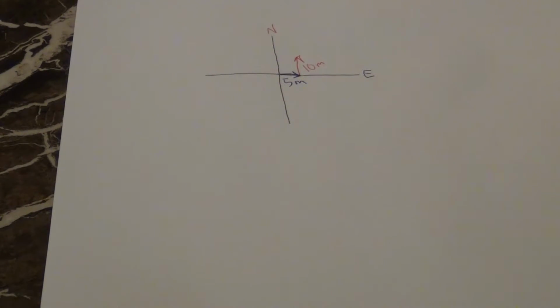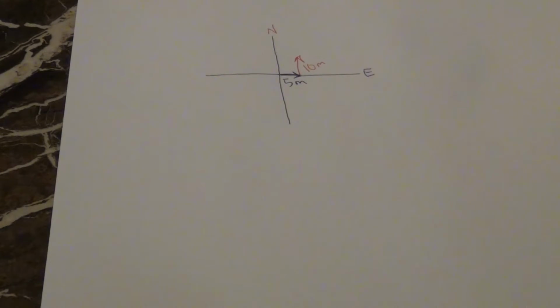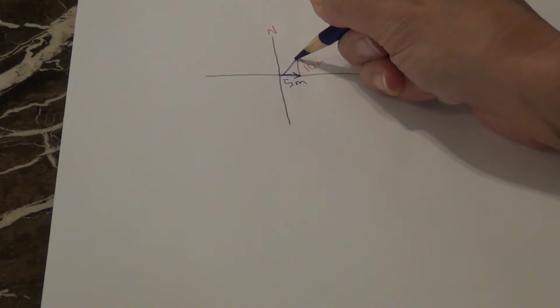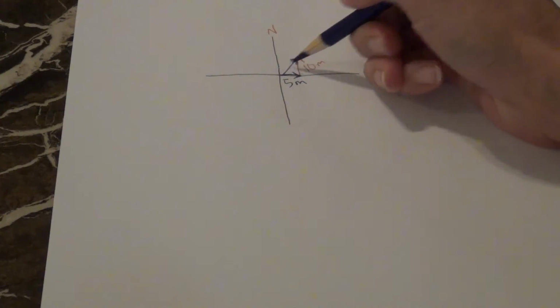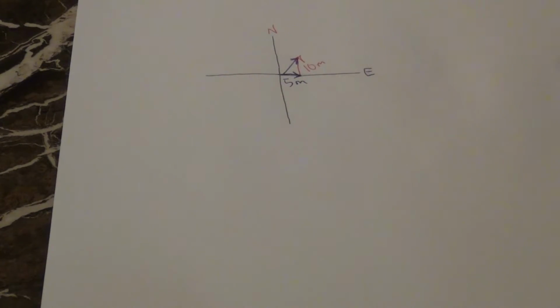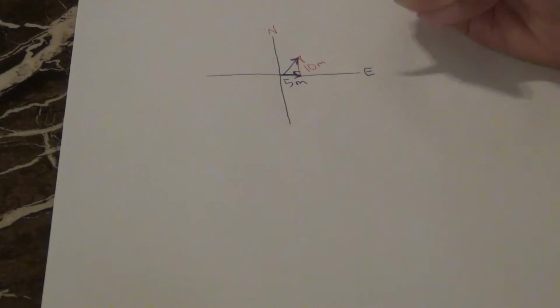Well, how far is that overall? It's not like I necessarily walked this way and then this way. Maybe I just took a straight line path. Remember, total displacement is a straight line path. Okay. Oh, kind of looks like a right triangle, right? So, if I take this to be 90 degrees, because it's 90 degrees between east and north, right?